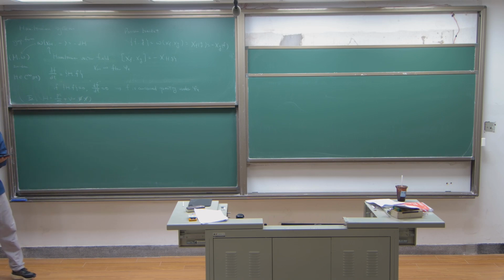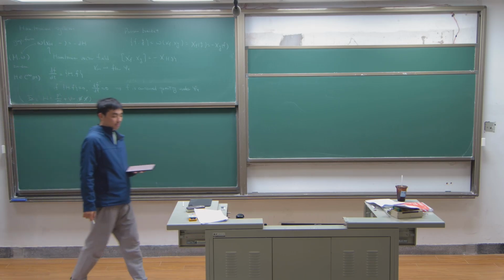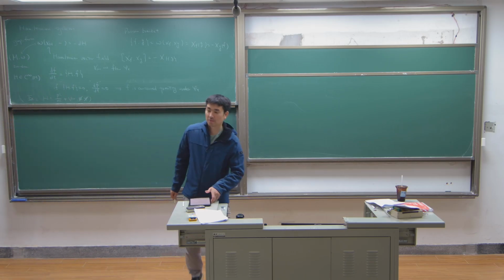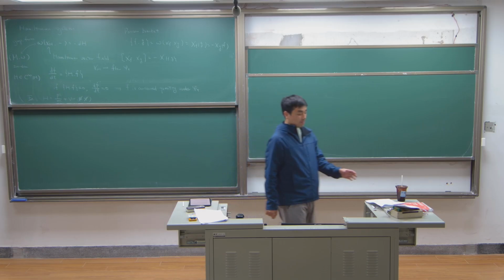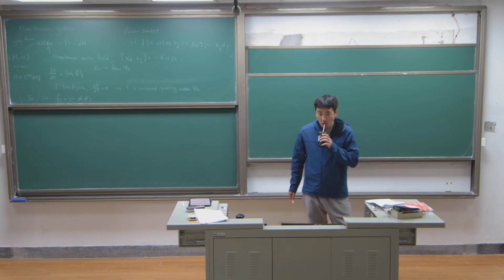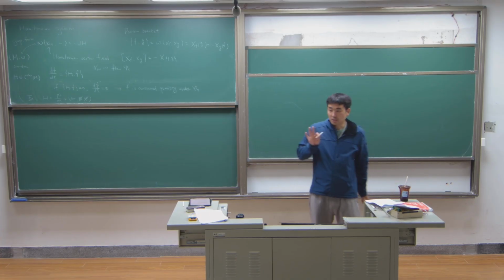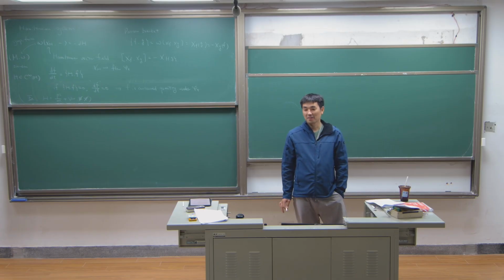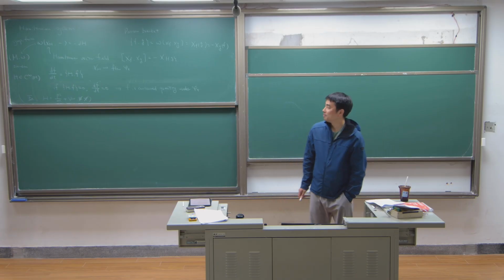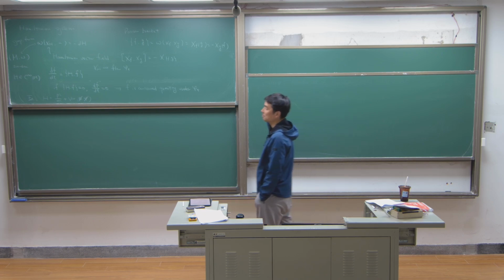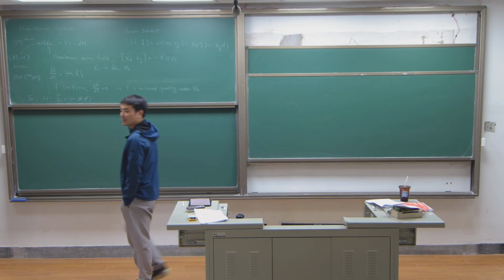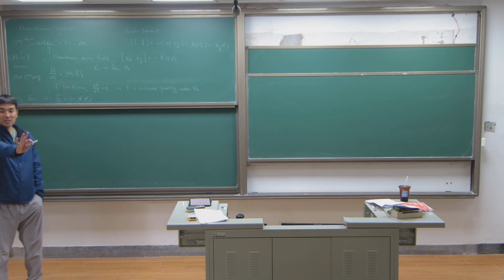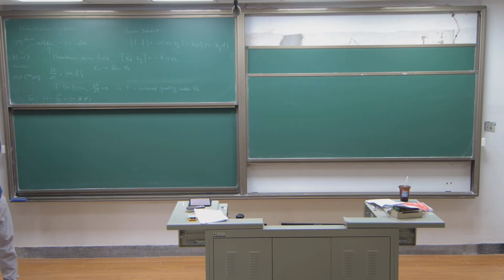What is the conserved quantity? Okay, the system has a translational symmetry. What is the conserved quantity?